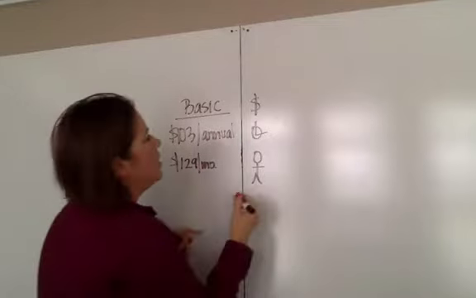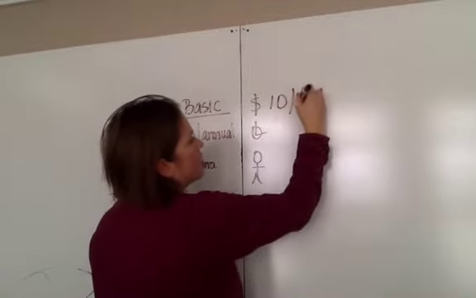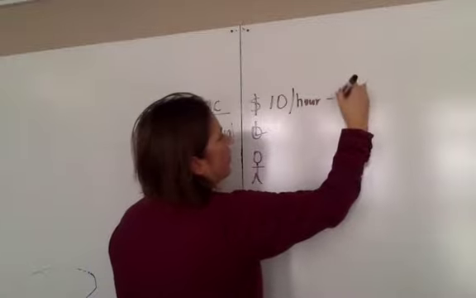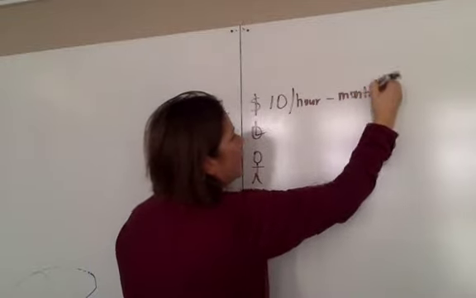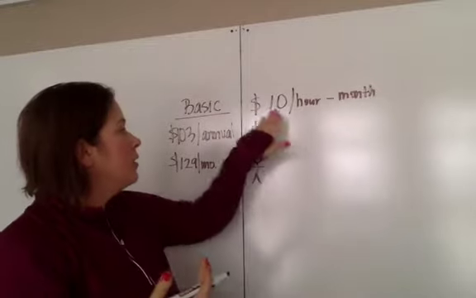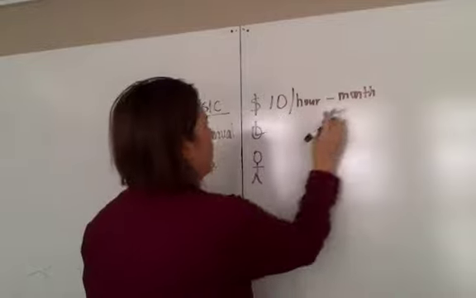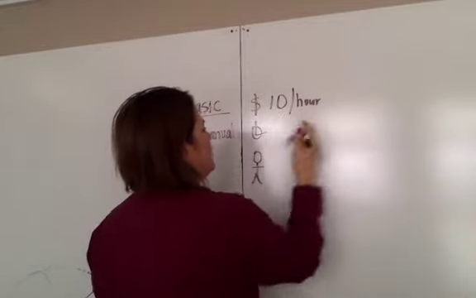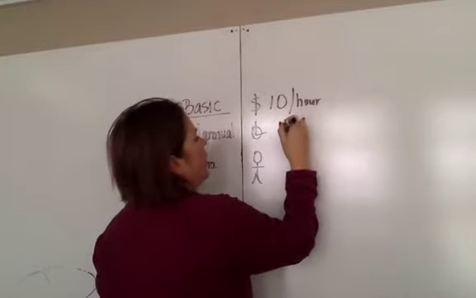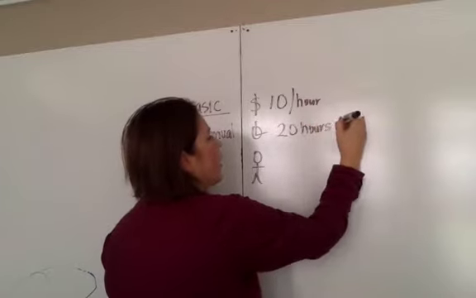So money-wise, let's say we pay ourselves $10 an hour for the whole month. We only worked 10 hours, $10 per hour. So in a month, let's say we worked 20 hours.